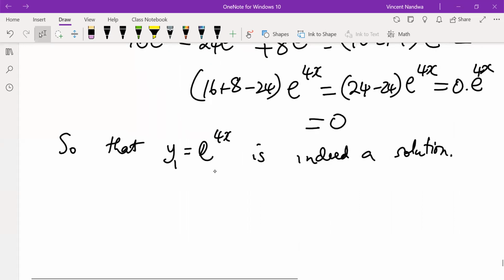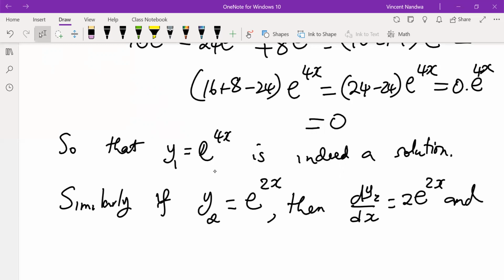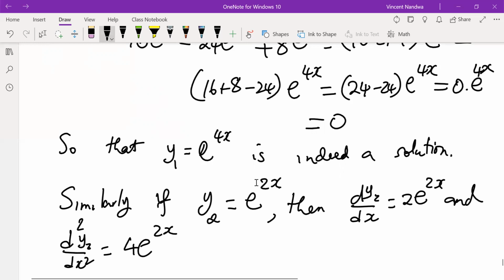Now, similarly, if y2 is given by e raised power 2x, then dy2/dx is 2 e raised power 2x, and d squared y2 dx squared is 4 e raised power 2x.